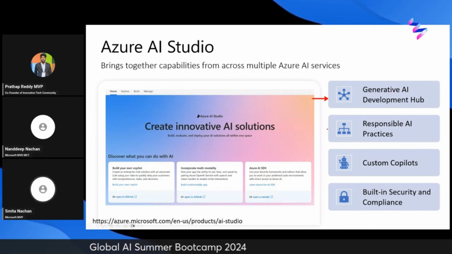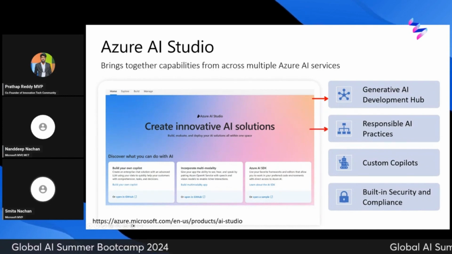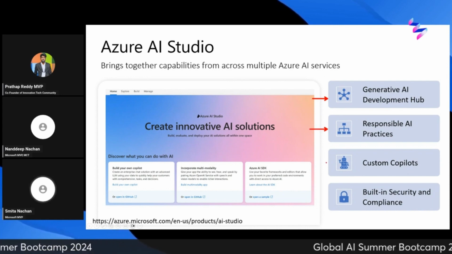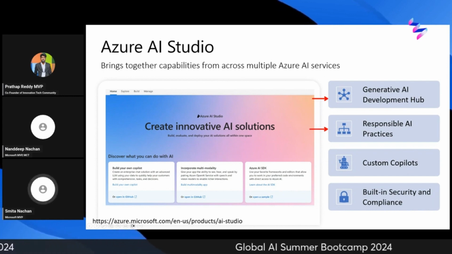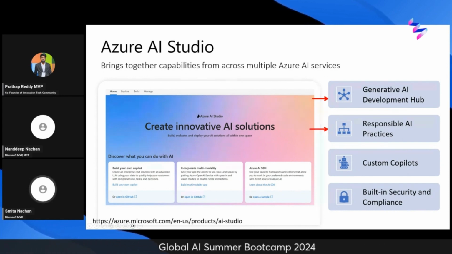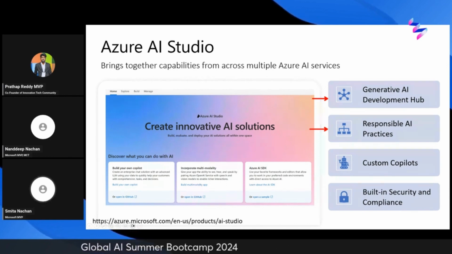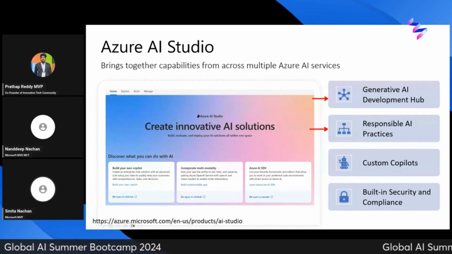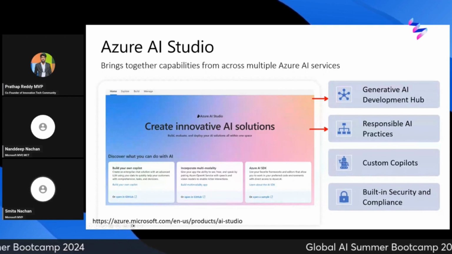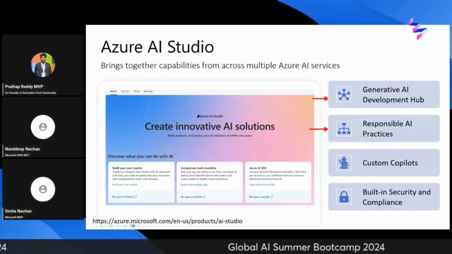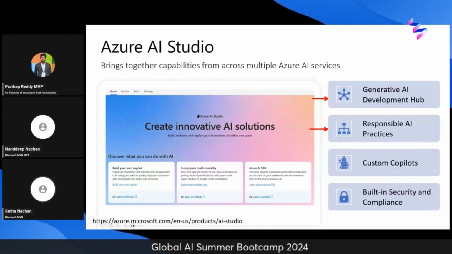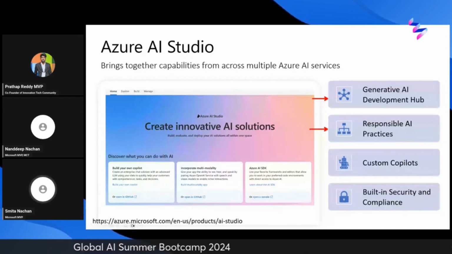The second one is responsible AI practices. So grounded in responsible AI practices, Azure AI Studio ensures that your AI solutions are trustworthy and ethical, and you can build with the confidence knowing that the platform emphasizes the transparency, fairness, as well as the accountability.